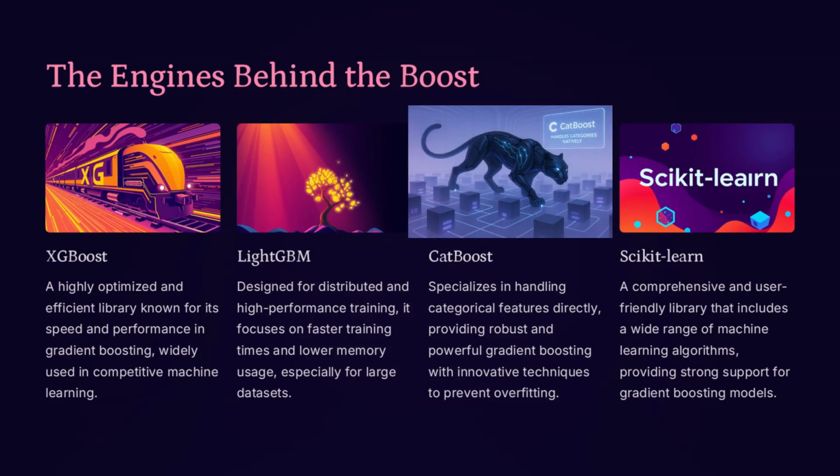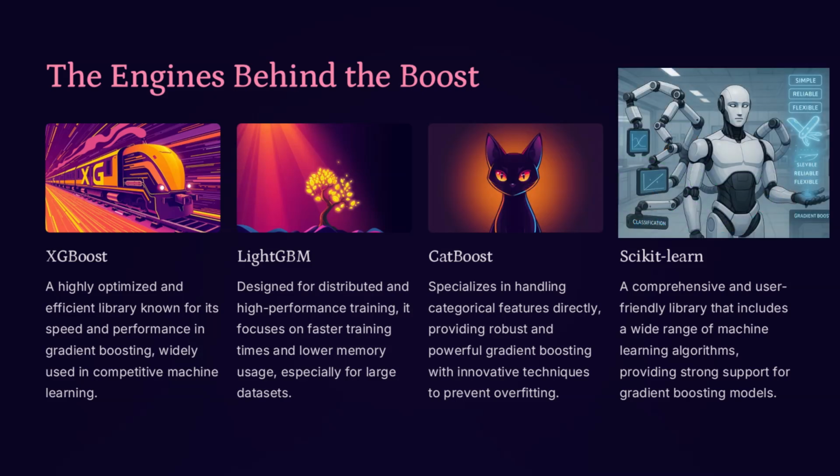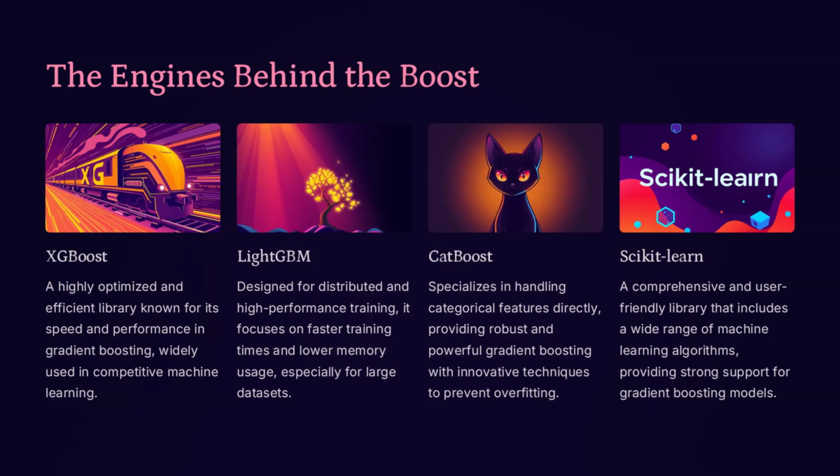Then there's CatBoost. It tackles categorical data head-on, no messy pre-processing needed. Plus, its clever tricks reduce overfitting, making it a robust choice. And of course, scikit-learn, the Swiss Army knife of ML libraries. While not as specialized, it offers reliable gradient boosting with user-friendly flexibility. Each of these tools brings unique strengths. Pick the one that fits your data's needs.